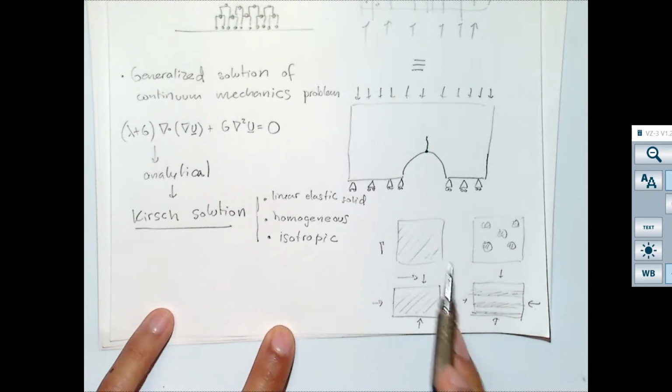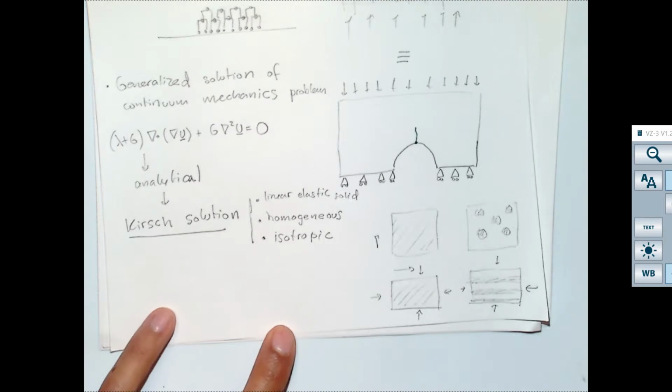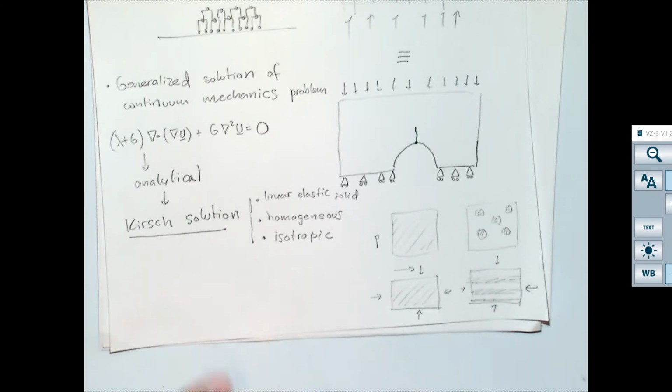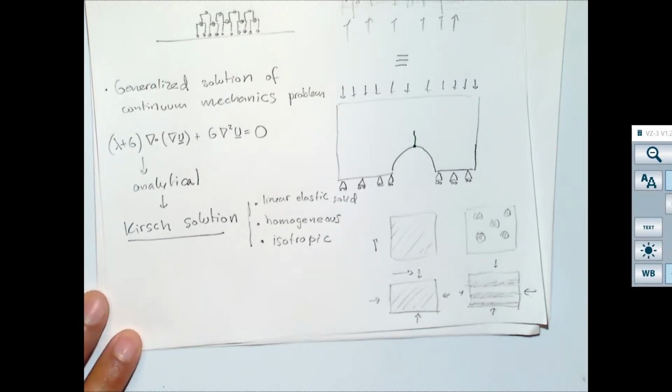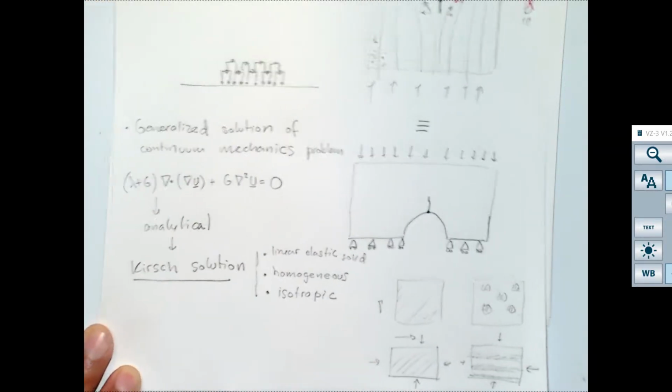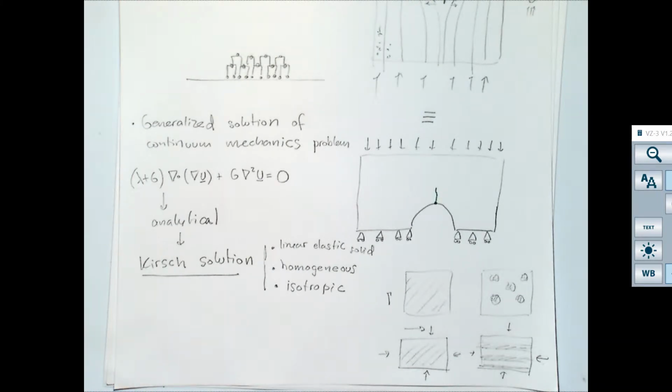So one refers to the variations of properties wherever you are in space, the other refers to the directionality of the properties. And linear elastic, you remember, means that strain and stress are linearly proportional.